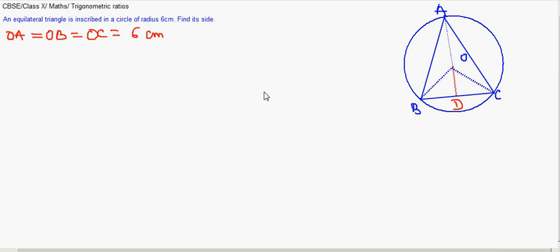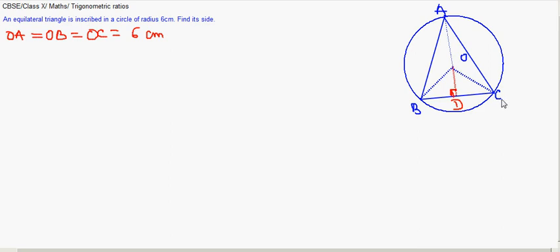Now, I have dropped a perpendicular, and because I have dropped a perpendicular to the side, D becomes the midpoint, because this is an isosceles triangle. If I am dropping a perpendicular, that becomes the midpoint. This is D. That means BD is equal to DC. So angle B and angle C are respectively bisected by OB and OC.